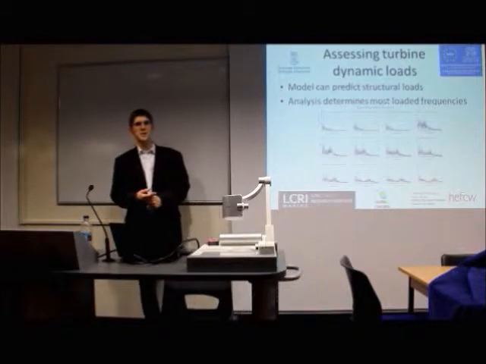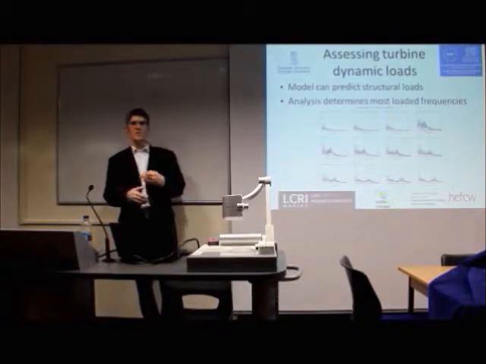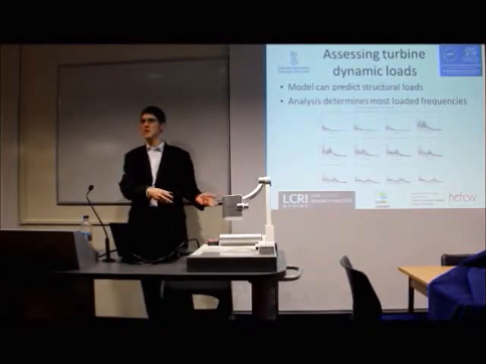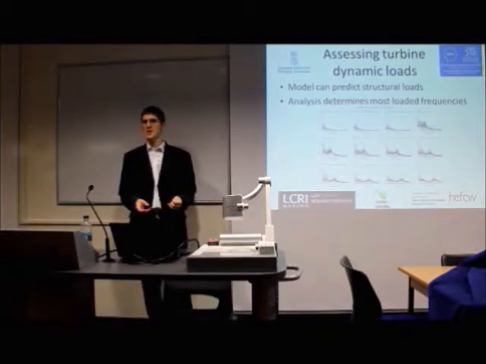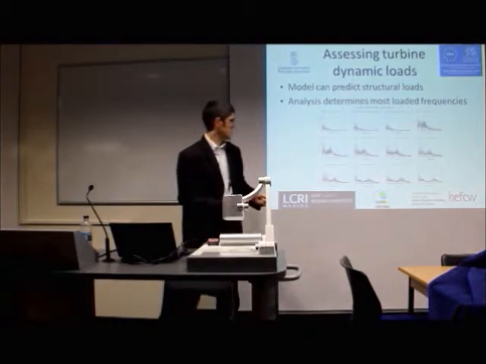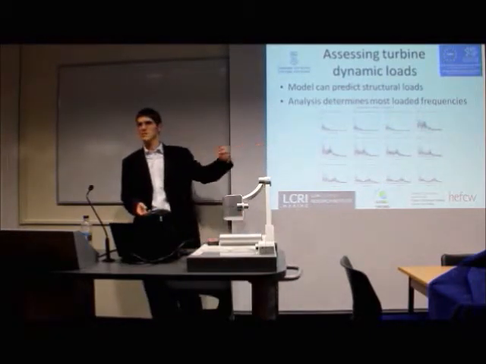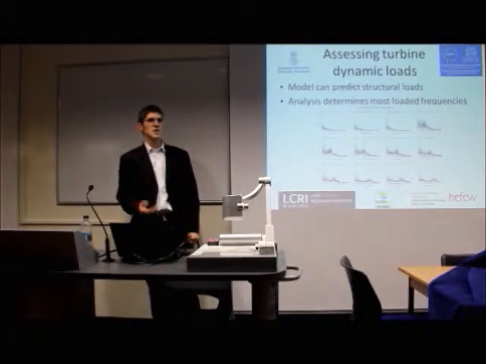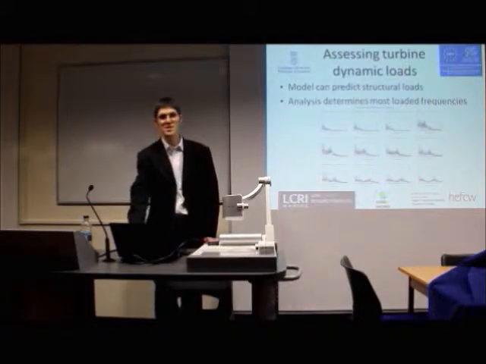Then we add some dynamics, and from dynamics you can get variable flow, variable loadings, and from variable loadings you go into frequency domain, and from there you can go towards fatigue models. Okay, so that should tie in some of the other things you've been learning about. So from this lot, which you get from running that model in real time and then converting to frequency, you can then do things like work out your fatigue life of your turbine and try not to get the problem we saw earlier with the windmill.